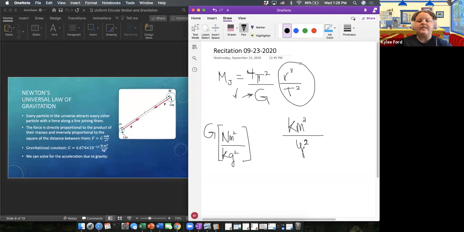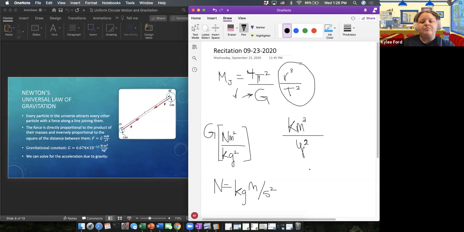If you notice the difference between these two, this has a meters squared and this has a kilometers cubed. And in my newtons, remember newtons is really just kilograms meters per second squared. So again, we have meters, and then we have seconds versus years.